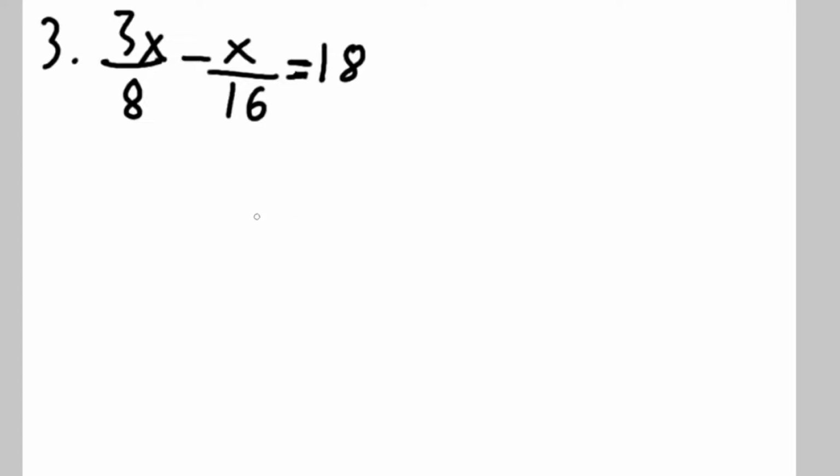So there are 2 methods to doing this. You can find a common denominator and then combine these terms, or you can multiply by a common denominator. I am going to do both ways just to show you how to do it. But first, let's rewrite this.